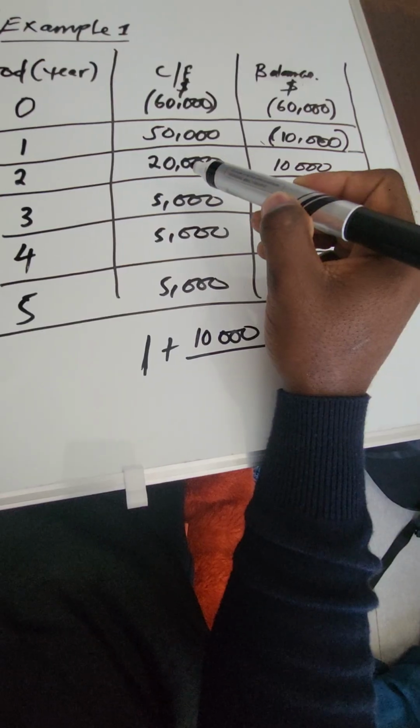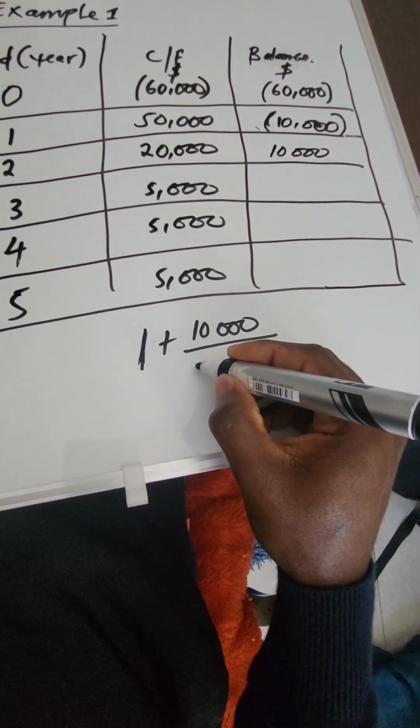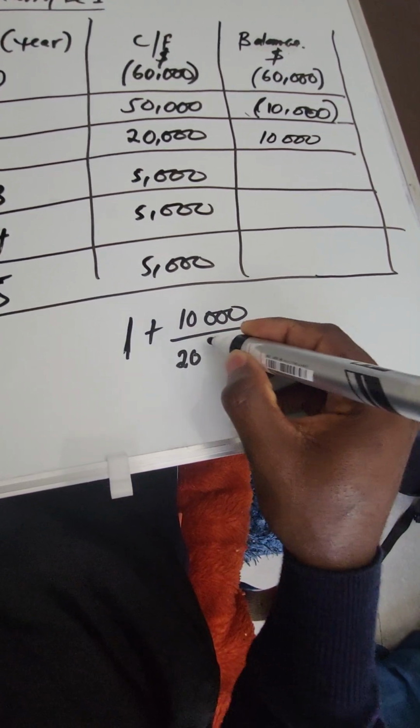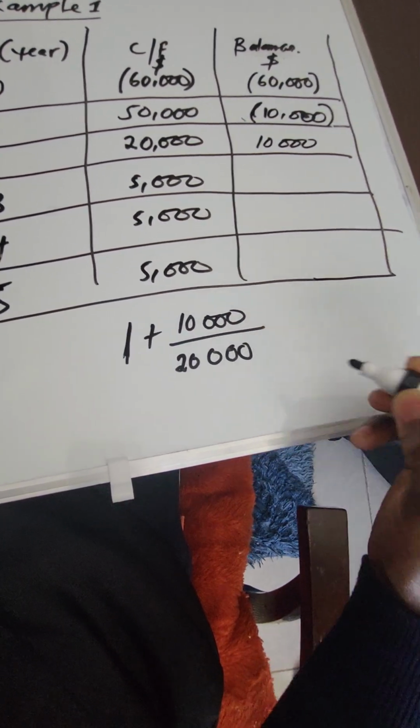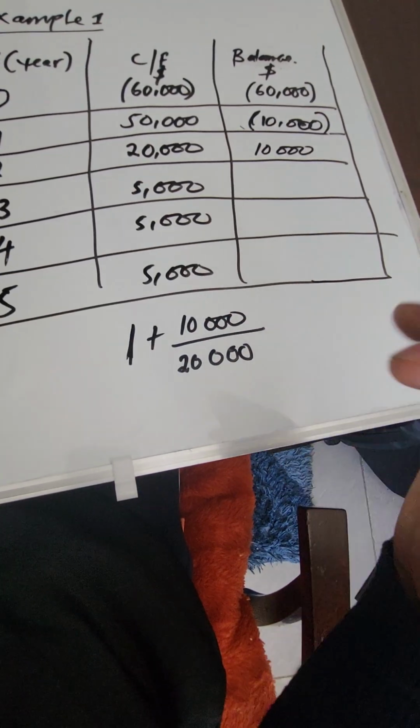So it's going to be divided by $20,000, right?